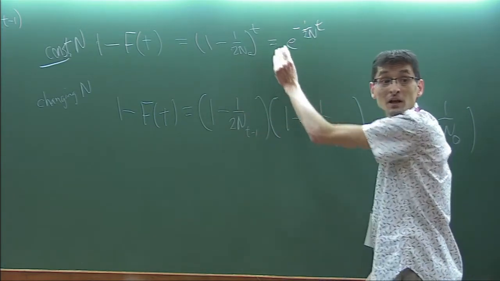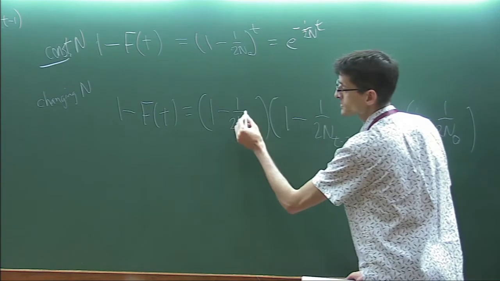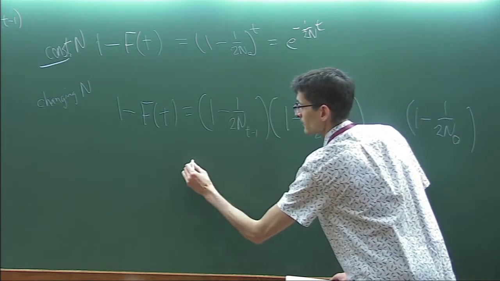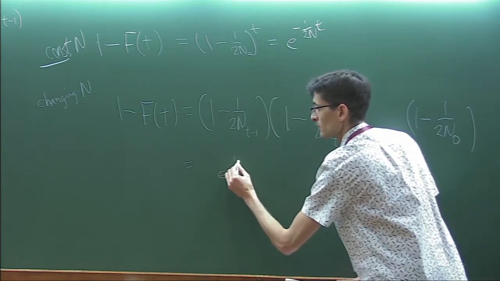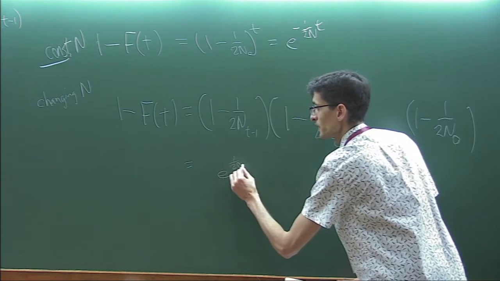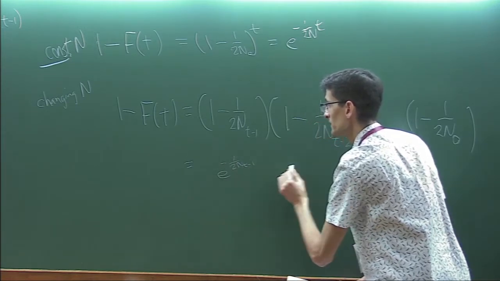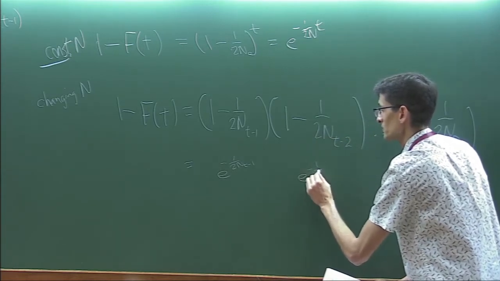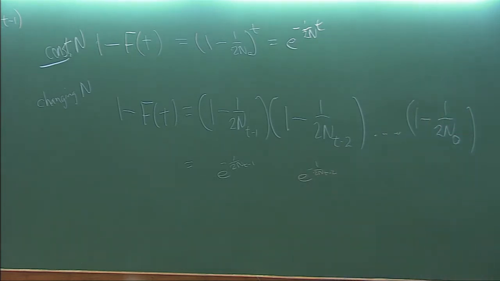And that would be the effective population size. Well, the way we do this is we can think of this one as e to the minus 1 over 2n_t minus 1. This is e to the minus 1 over 2n_t minus 2, etc. Okay?